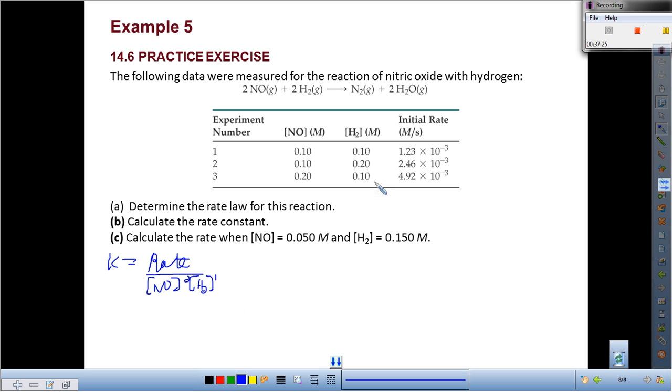Now we just plug in some numbers. It doesn't matter which trial you pick, any of them, but just plug in the numbers. I usually pick the first one. Why? Because it's first. And my numbers look somewhat easy.